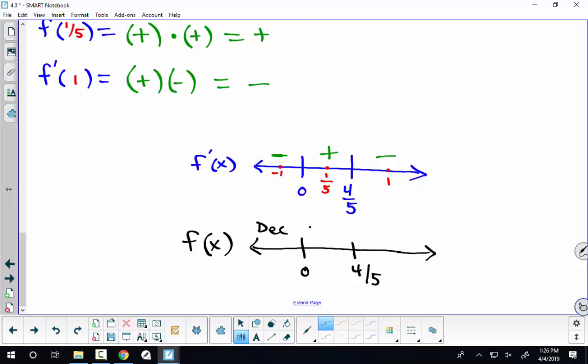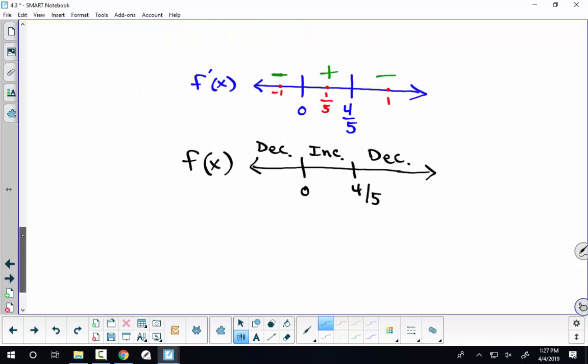If the first derivative is positive, f of x is increasing. You don't necessarily have to draw out the table or the number line here for the original function. I'm just taking that extra step so we can see what the implication is.